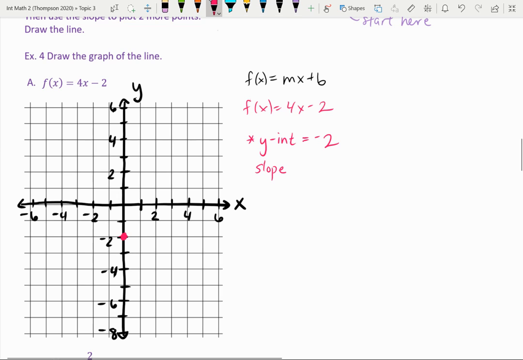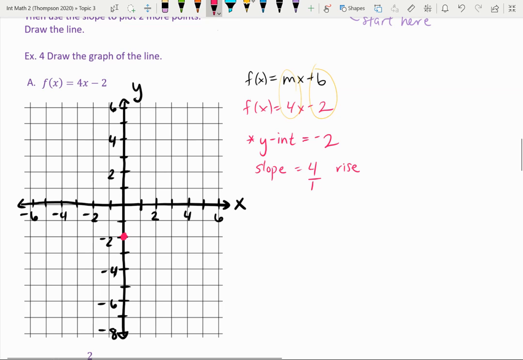So here's my slope, here's my y-intercept. My slope is 4. Whenever I'm performing my slope, I always want to do rise over run, so I want this to be a fraction. So I'm going to force it to be a fraction by putting 4 over 1.